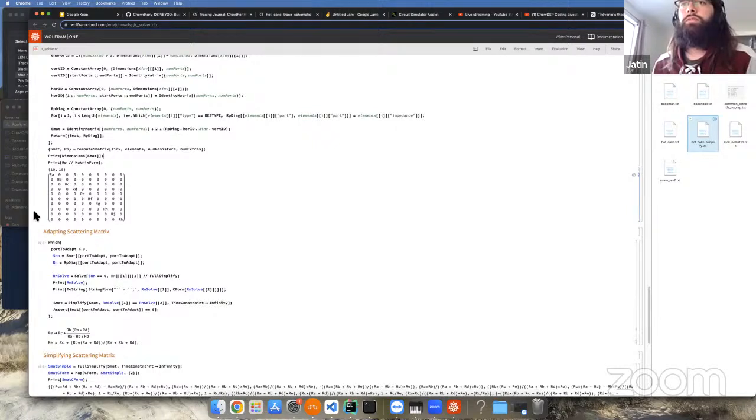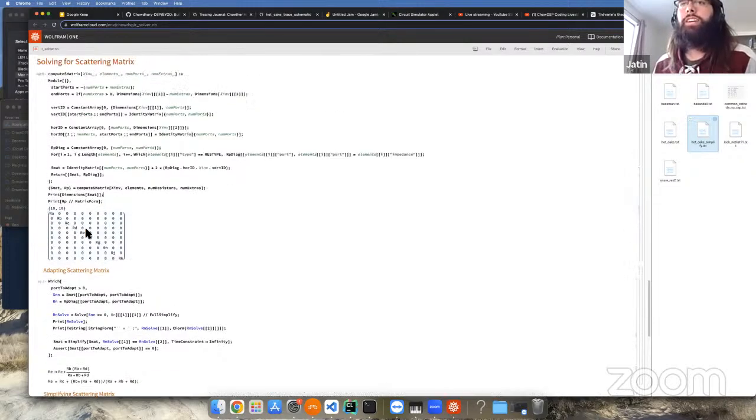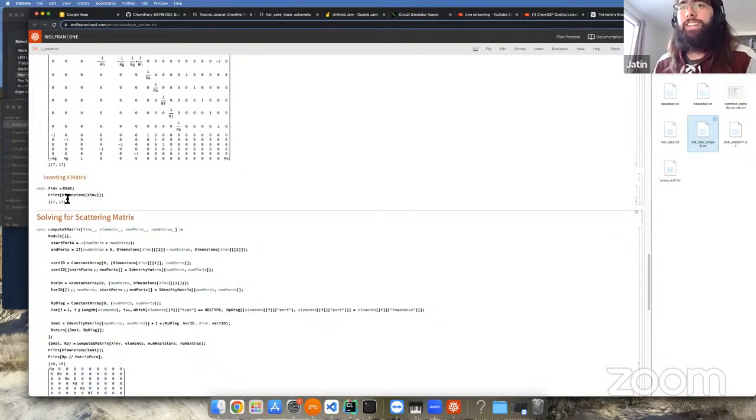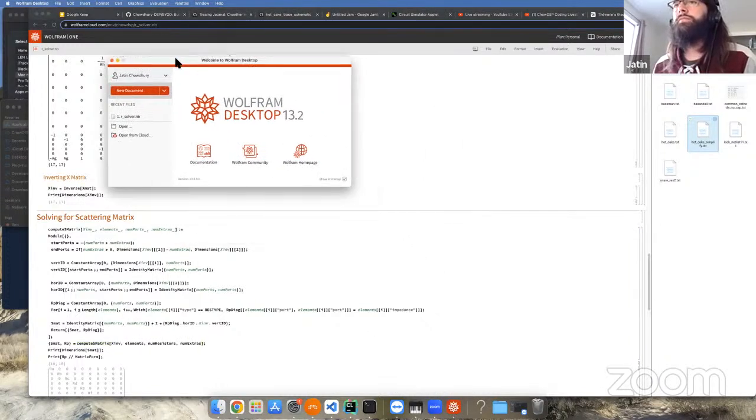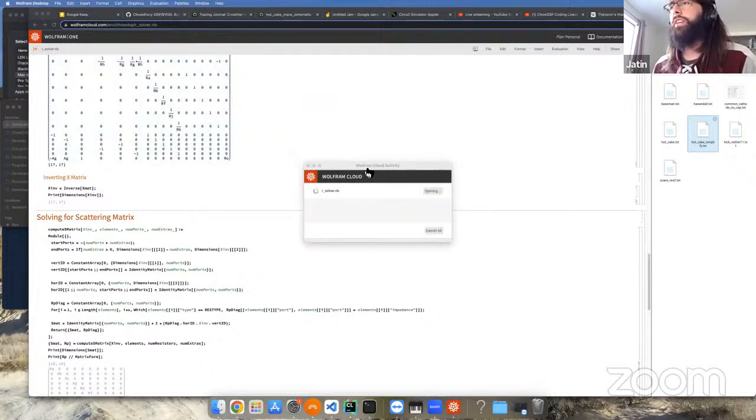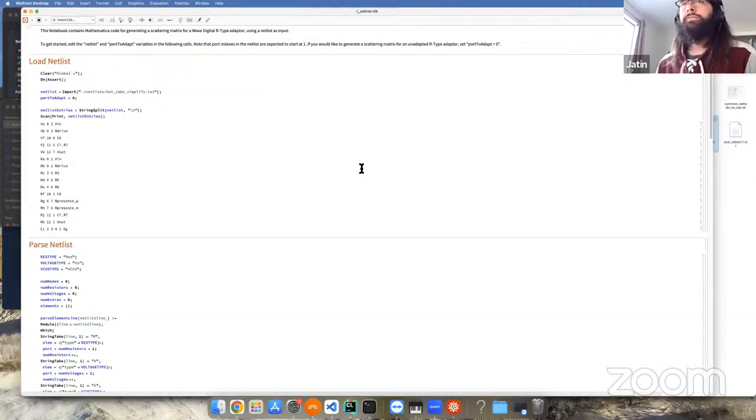Let's use local Mathematica this time, and see, there we go. Bring this back to what it was. So yeah, let's try this locally now.